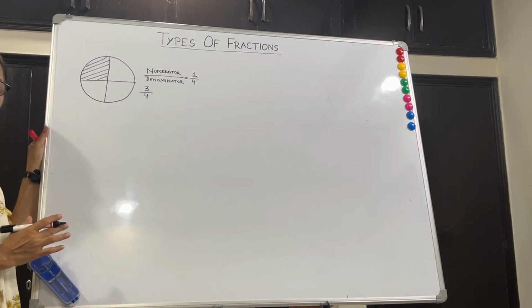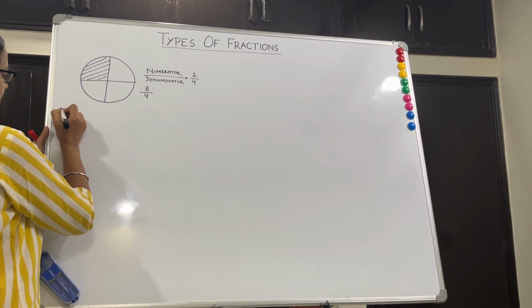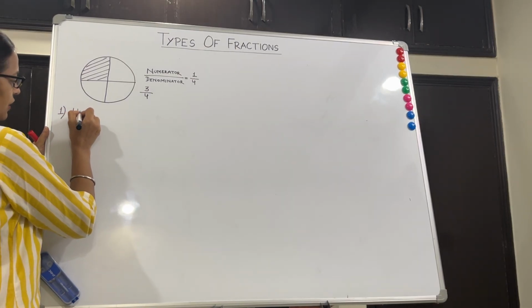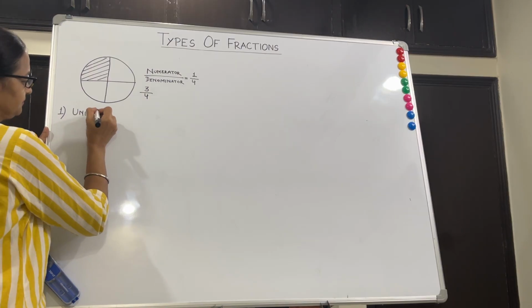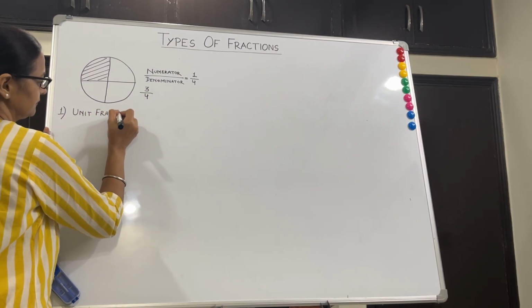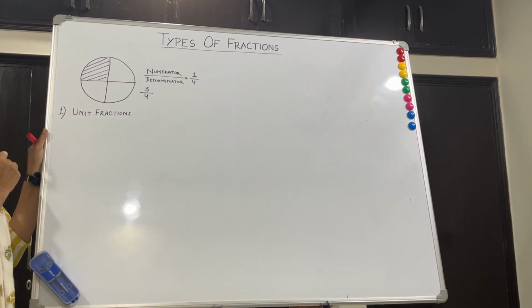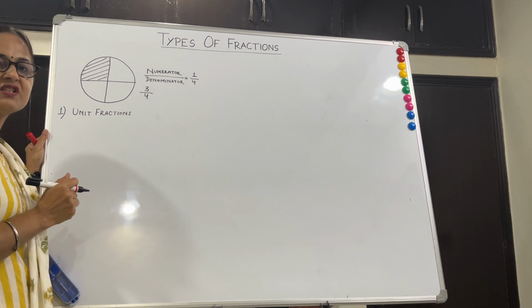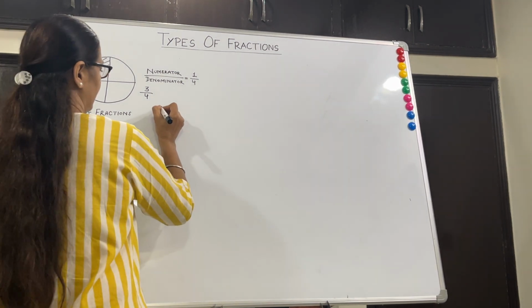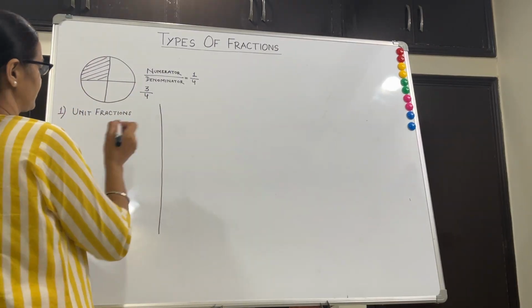Okay, now we will go to our main topic, types of fractions. First one is unit fractions. Now what are unit fractions? First of all, unit means 1. Now how is it used in fractions?